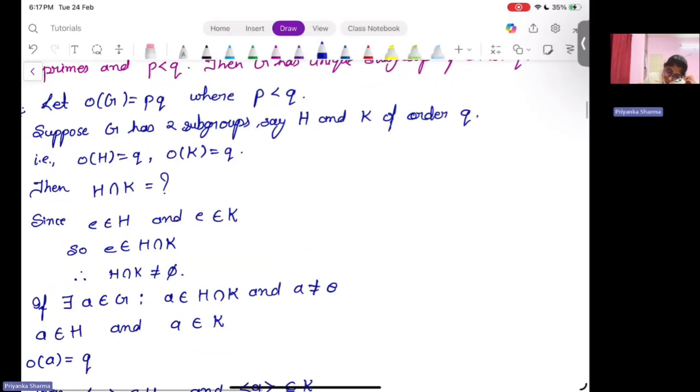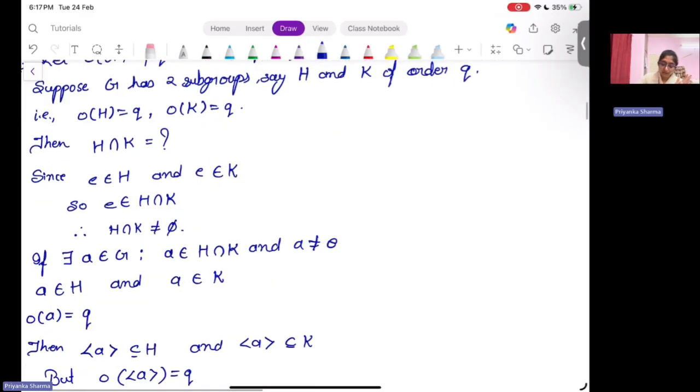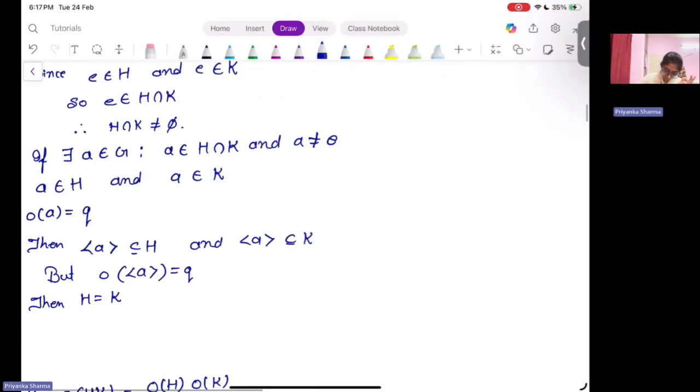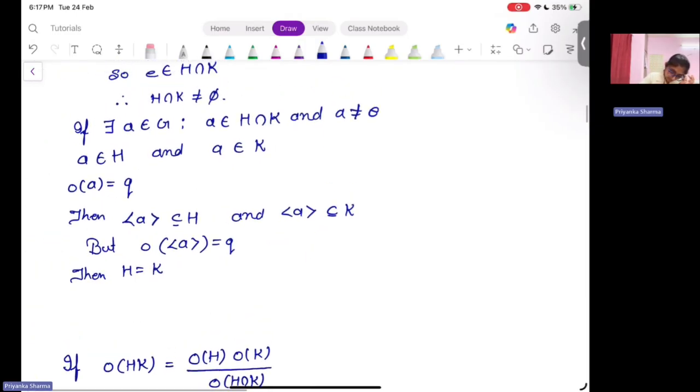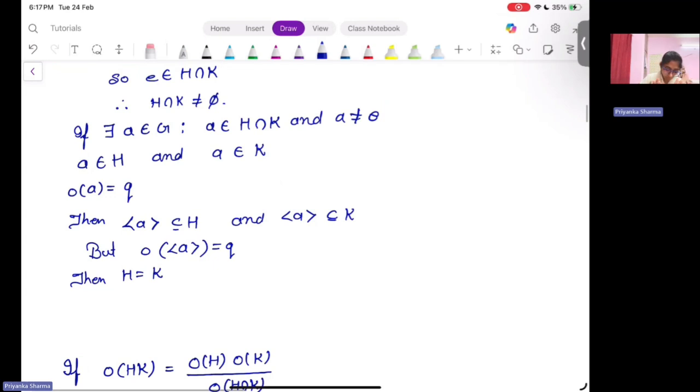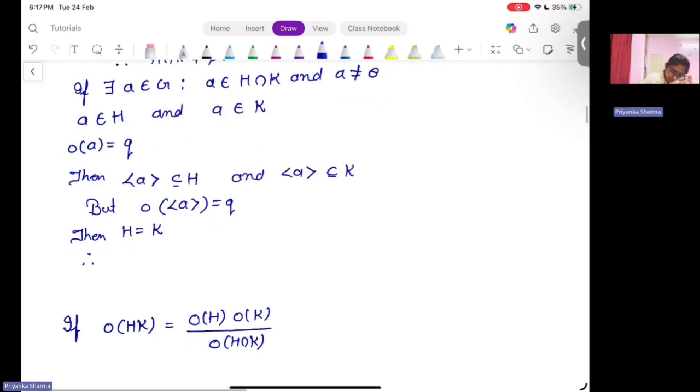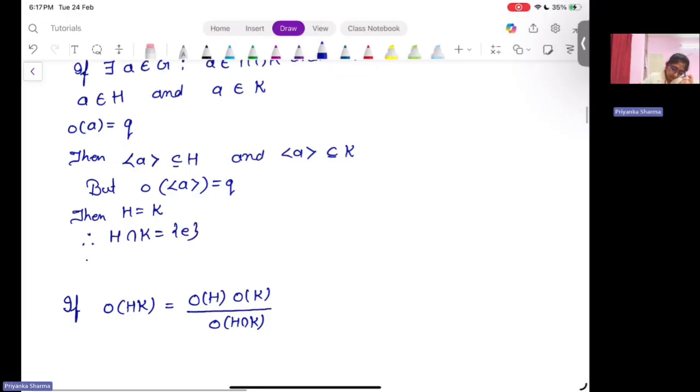But we want to find two distinct subgroups H and K which have order Q. So that's why we need to stick with this assumption that there is no element other than identity in H intersection K. Therefore, H intersection K is identity, or order of H intersection K is 1.